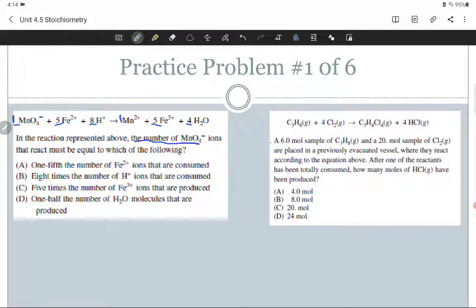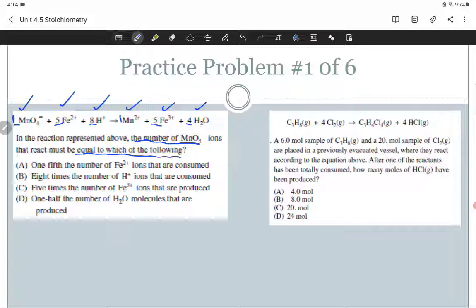The number of permanganate ions that react must be equal to which of the following? So again, it's a 1-to-5-to-8 ratio. How did I know it's only going to be those 3? I don't actually. I guess it could be any of these, but it's a 1-to-5-to-8-to-1-to-5-to-4 ratio.